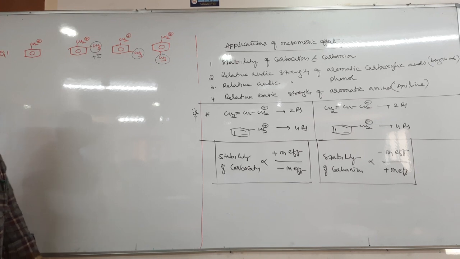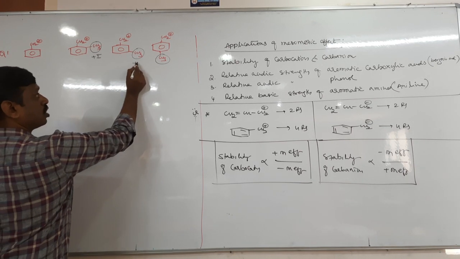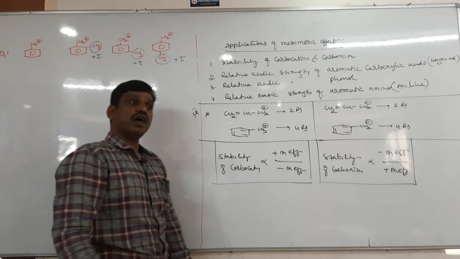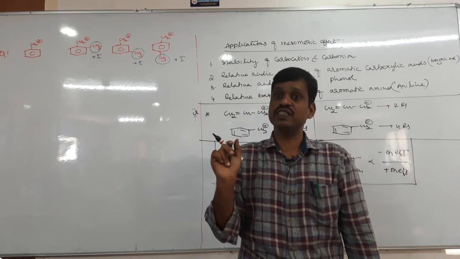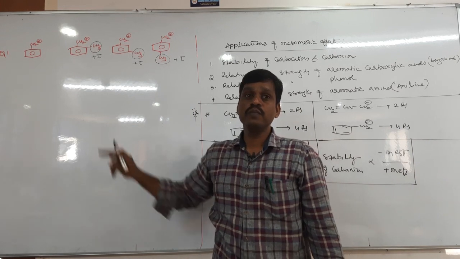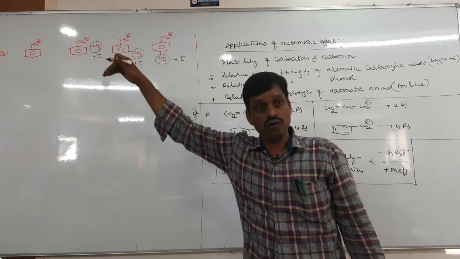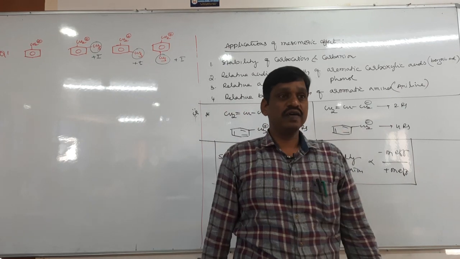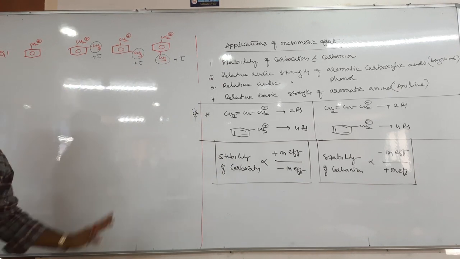So ortho position plus I, meta position plus I, para position also plus I, because the inductive effect does not depend on position, it depends on distance. Among 1, 2, 3, where is the plus I effect more? Ortho, because the inductive effect decreases as it goes to the 4th carbon. That we have studied. Therefore in all 3 cases plus I effect will be there.